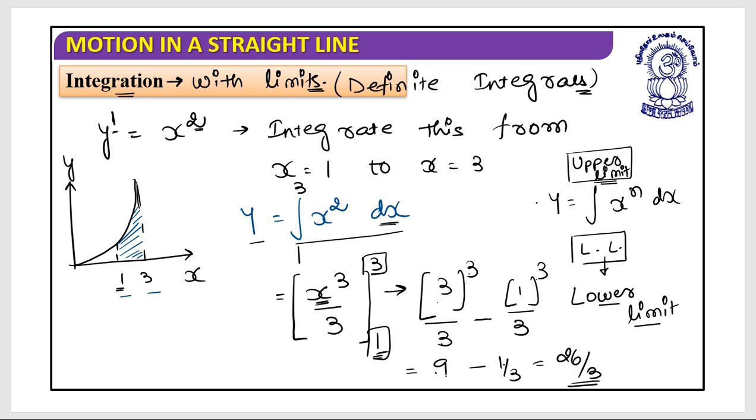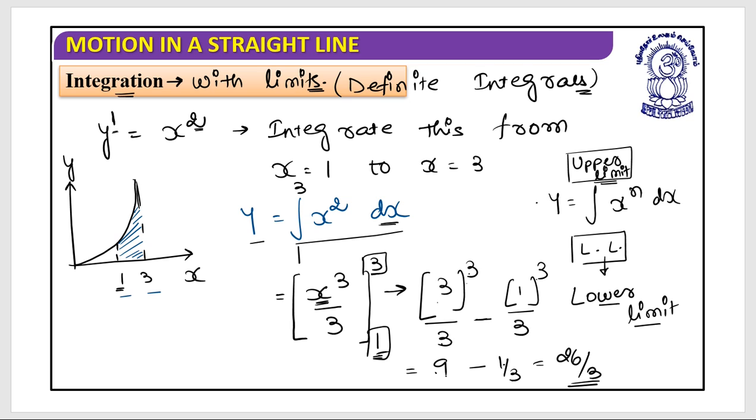Let's repeat this. What you need to do is, at the first step, simply assume that there are no limits, and perform the same task as you were performing previously, that is, apply the relation integration of x to the power n dx, which is x to the power n plus 1 divided by n plus 1, and then go for the limits.